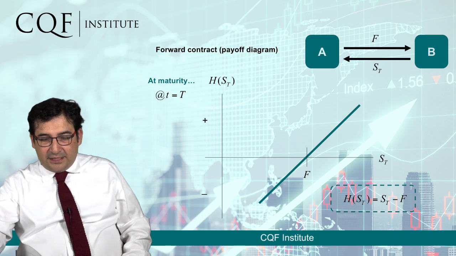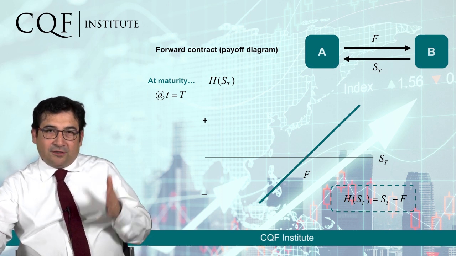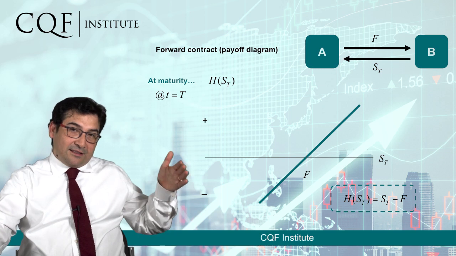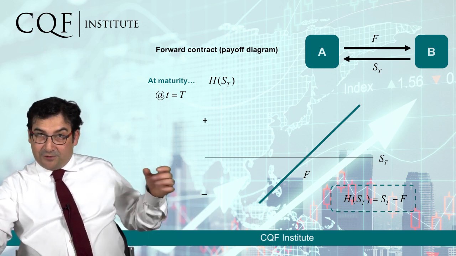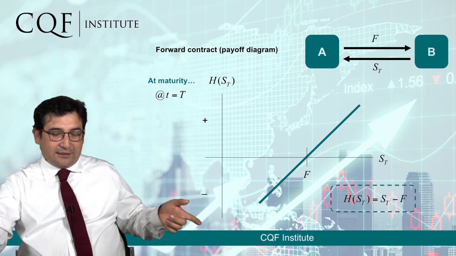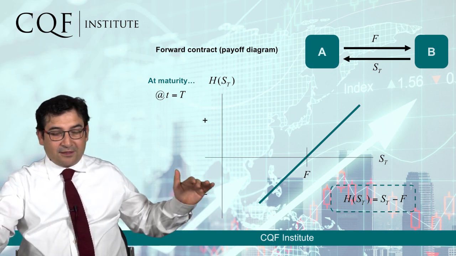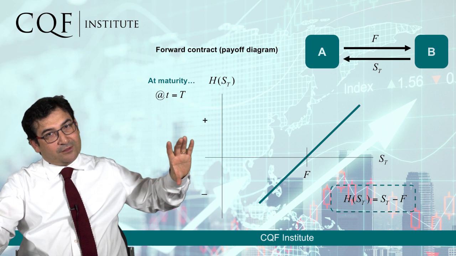So, gains are positive because the underlying is higher than the price of the forward, which means that at that time in the future, we are going to pay little, capital F, for something that costs more, and then we're making a profit.